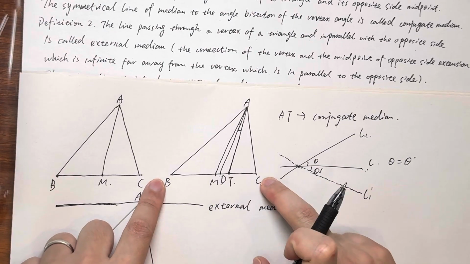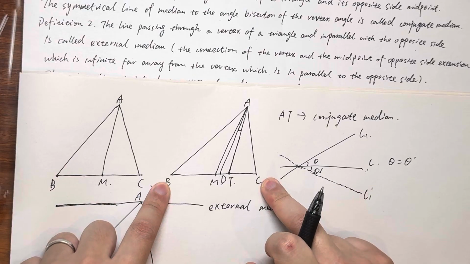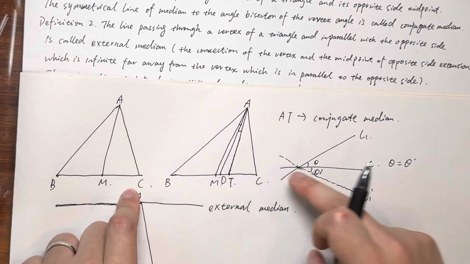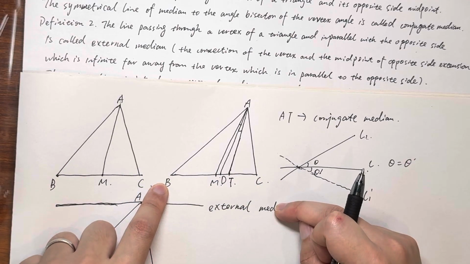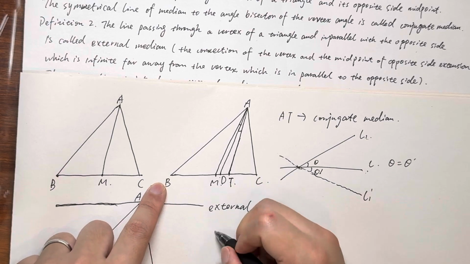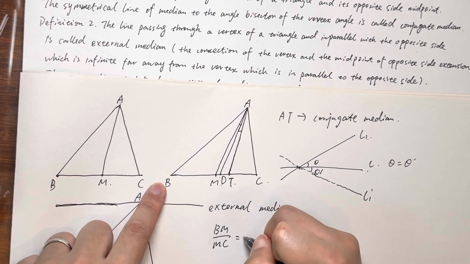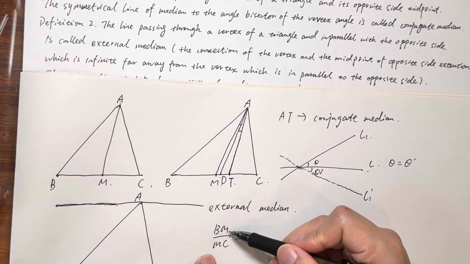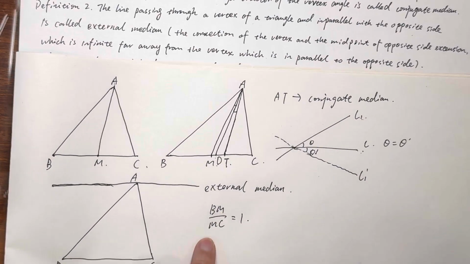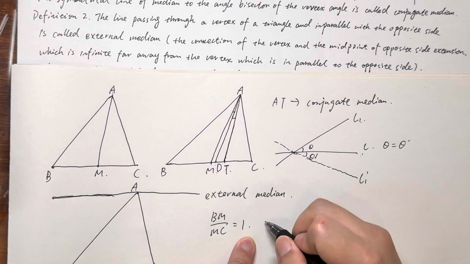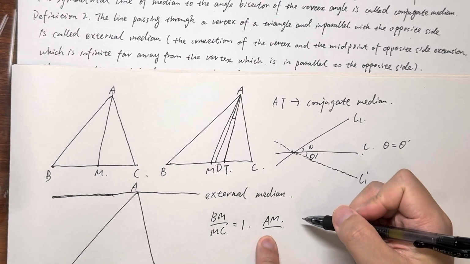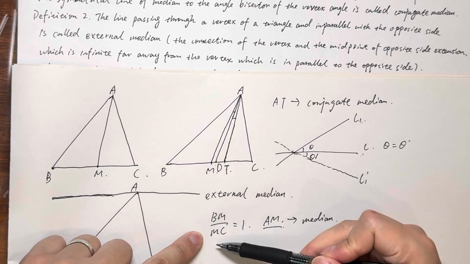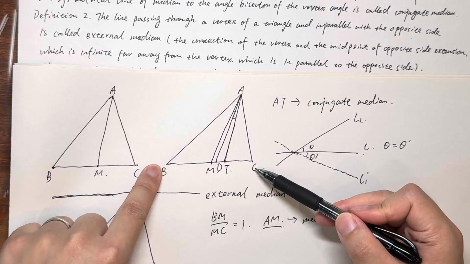We basically find a point on the segment BC, which we can say is a point on the line BC but inside the segment BC, so that BM to MC equals 1. We find this point M. It has the property that BM to MC equals 1. And then we connect AM. We call AM the median. And that's the case where M is inside the segment BC.